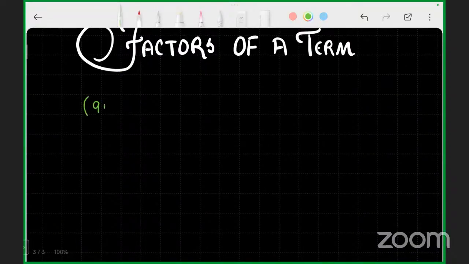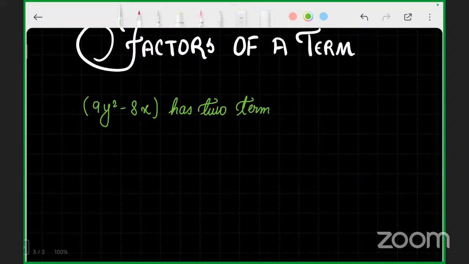So 9y square negative 8x has two terms, that is, 9y square and negative 8x.